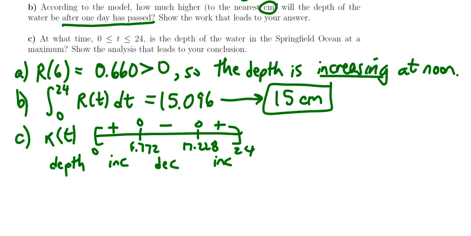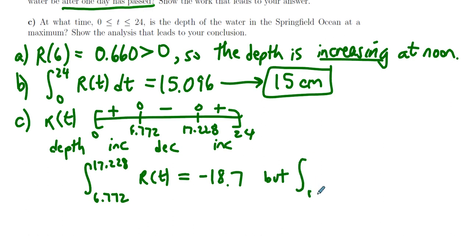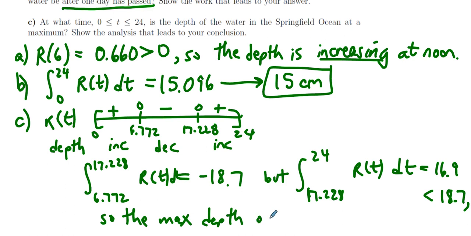We know that the integral from 6.772 to 17.228 of r of t is negative 18.7, but the integral from 17.228 to 24 of r of t dt, sorry folks, is only 16.9, which is less than 18.7. So the max depth occurs at 6.772.